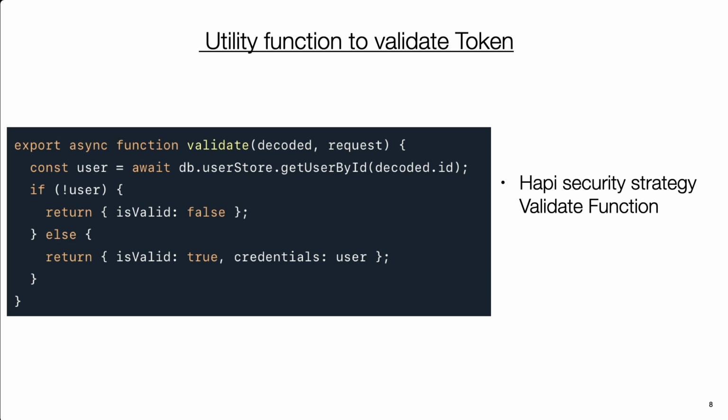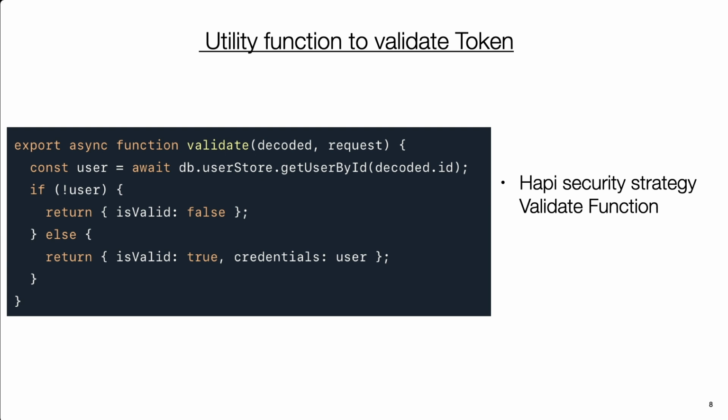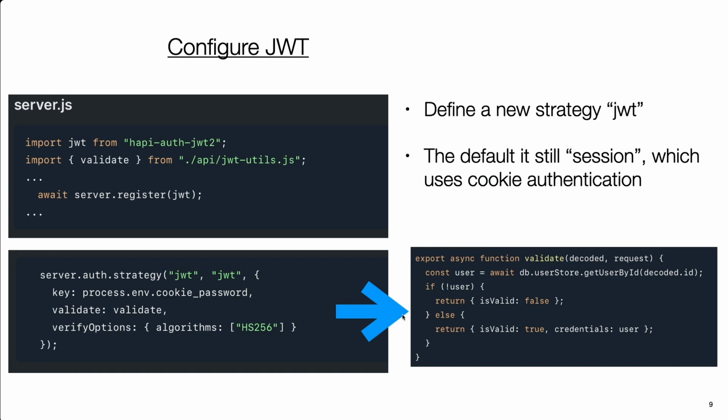But the validate function we'll write here will be receiving a decoded token, and from that decoded token we'll be attempting to see if that user exists, if it's valid, and if it is, we'll insert that valid user into this object we return here as the credentials, very much mirroring what we did in cookie-based authentication.